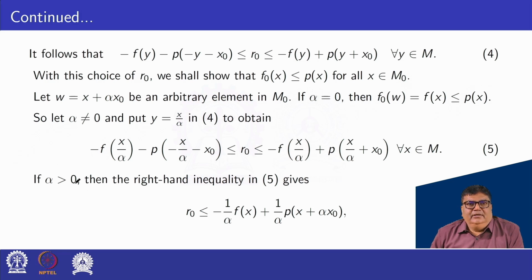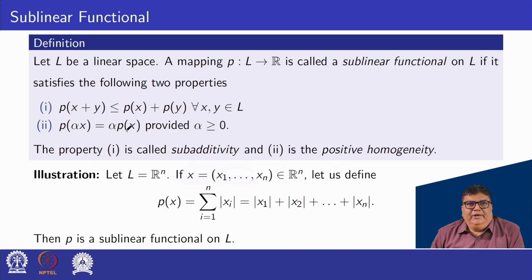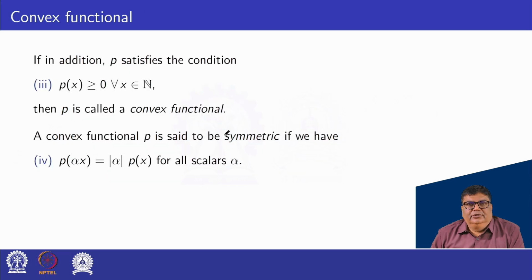If alpha is greater than 0, then the right hand side of the inequality in 5 gives R0 less than or equal to minus 1 upon alpha f of x, because f is linear, plus 1 upon alpha p of x plus alpha x0. Okay, because here we use the condition p of alpha x equals alpha p of x for alpha greater than or equal to 0.